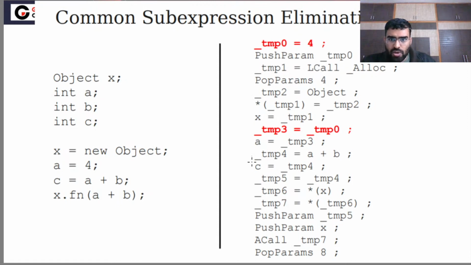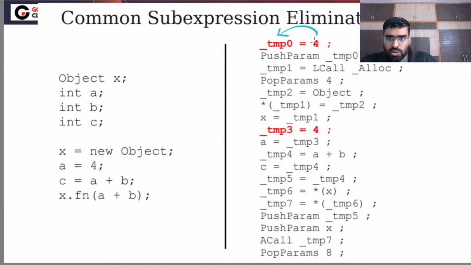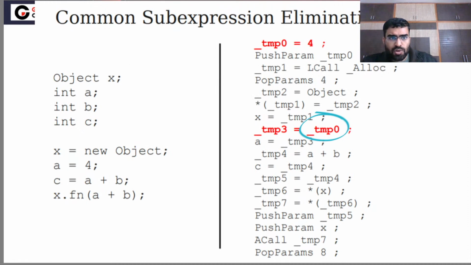Actually we don't usually do this, but anyway, the point is that it is also common subexpression elimination. Here also we have 4, so we can replace this 4 with temp0.